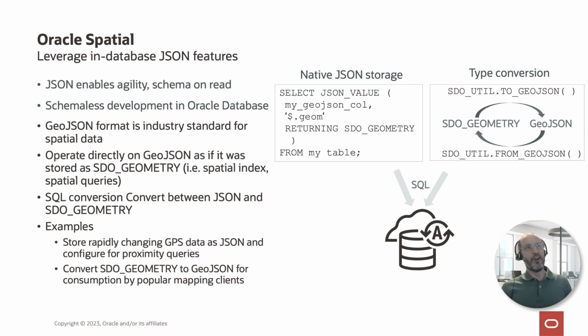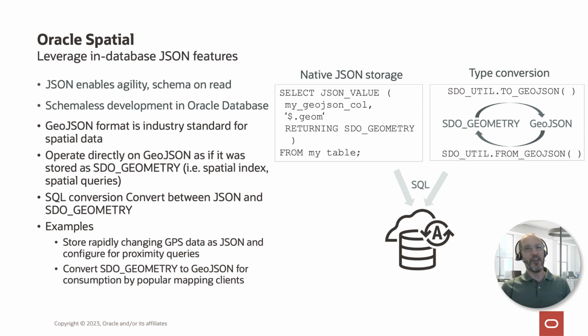Another example of spatial and JSON working nicely together in a database is the fact that within our spatial functions and spatial SQL API we have SQL functions and methods on our geometry type that allow you to switch back and forth between our native data type representation of a geometry and a GeoJSON representation of a geometry.